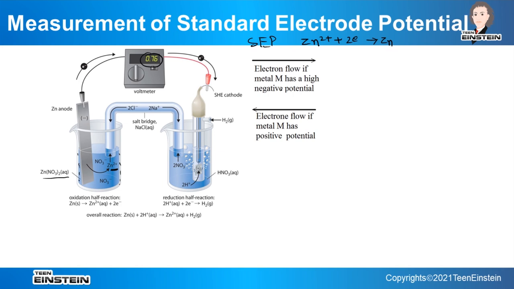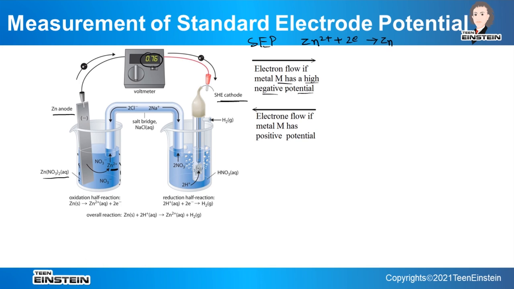Now electron flow is from the zinc anode towards the SHE cathode. So here SHE is behaving as cathode. But how to know whether it will behave as cathode? If the metal has high negative potential, then SHE will be acting as cathode.